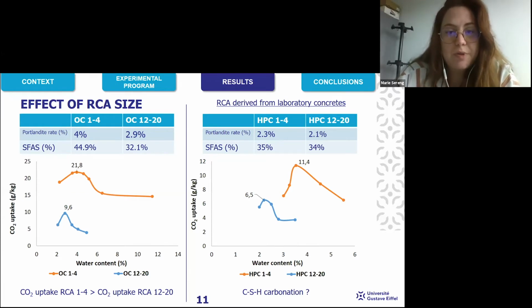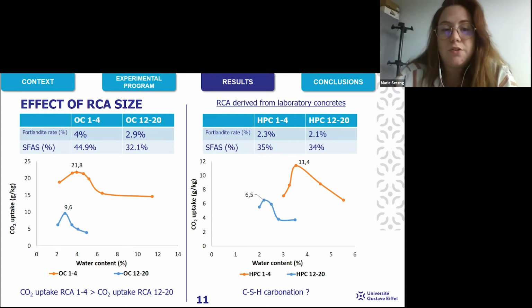But for HPC, we don't have any difference in the Portlandite rate, but we can have the hypothesis that it's CSH carbonation. But we can't conclude on that because in TGA analysis, it's impossible to determine the CSH carbonation, because the peak of CSH is combined with the peak of ettringite. So it's a hypothesis.